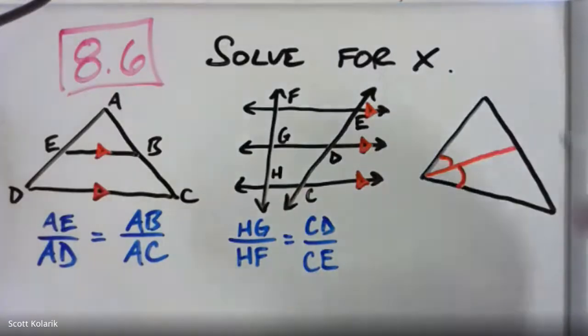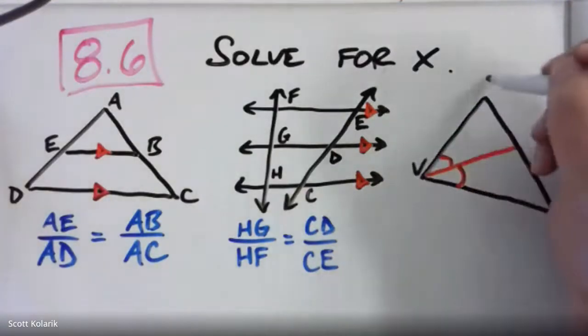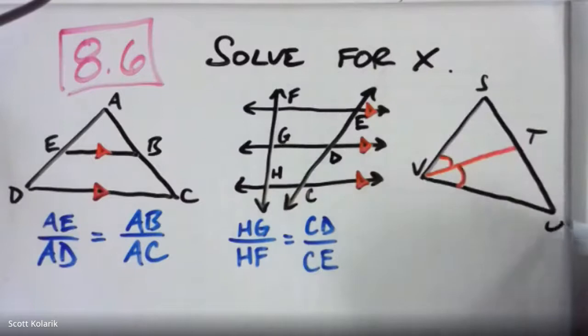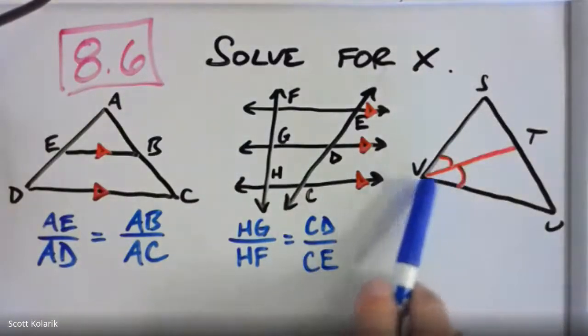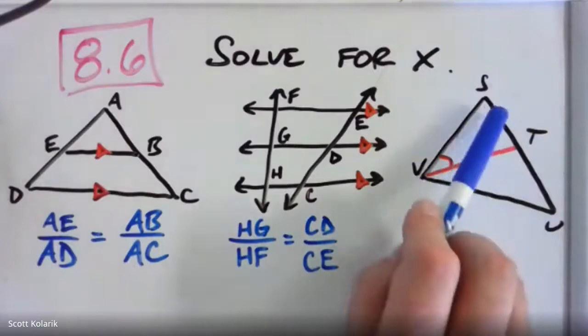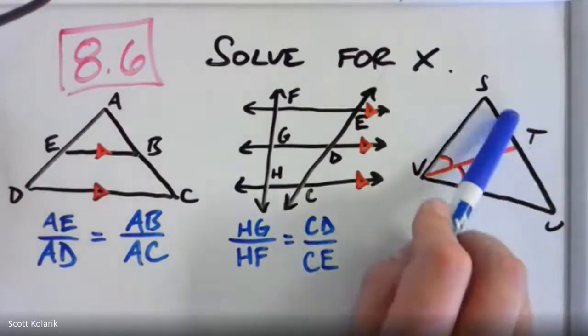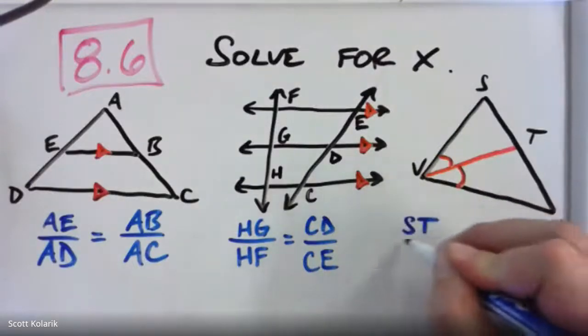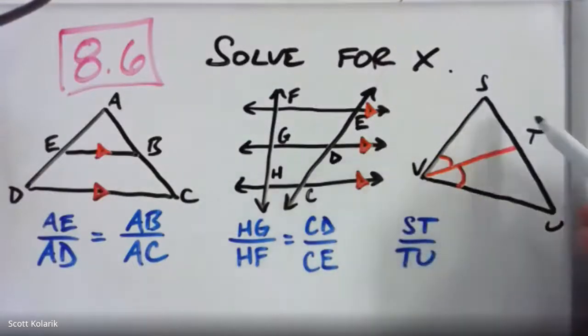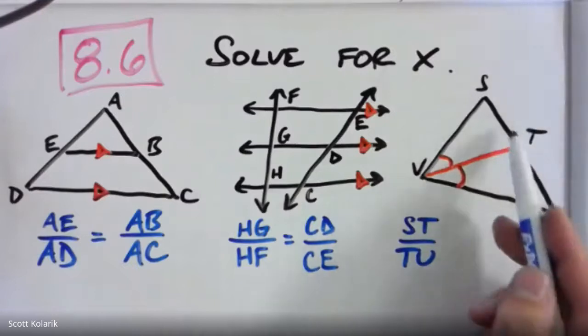And so if I label this like, say, V, S, T, and U, what we learned here in this case is that this angle bisector splits this side of the triangle into two pieces, ST and TU. I can make a ratio with those two pieces, and then I just pair it up.